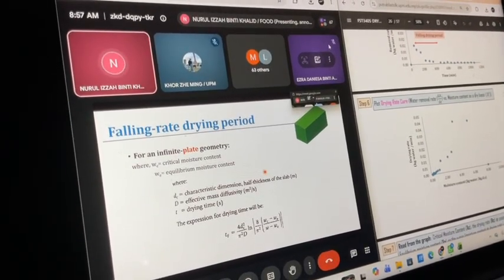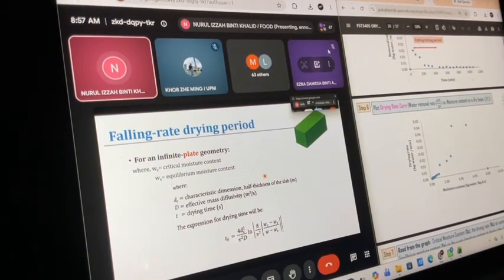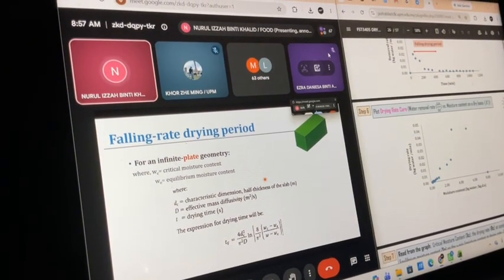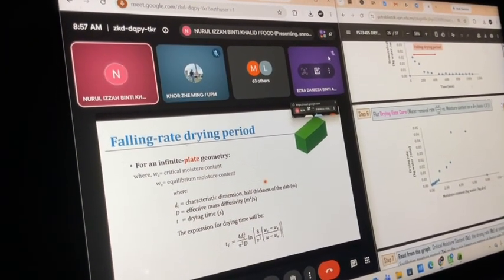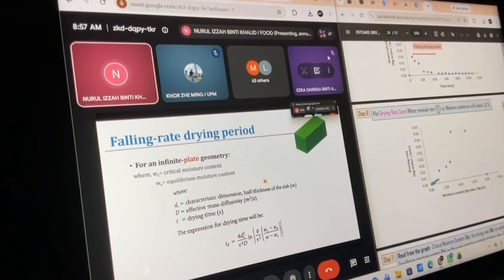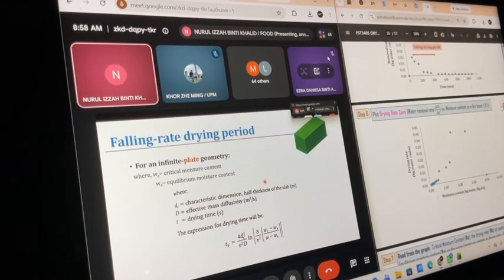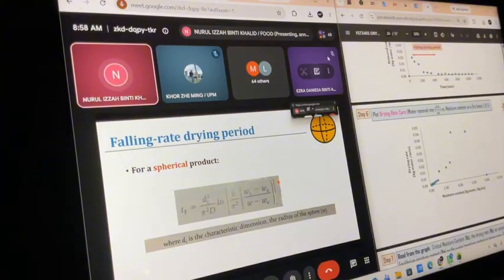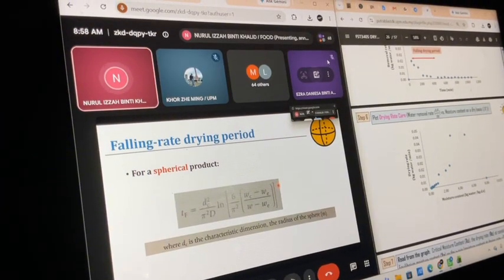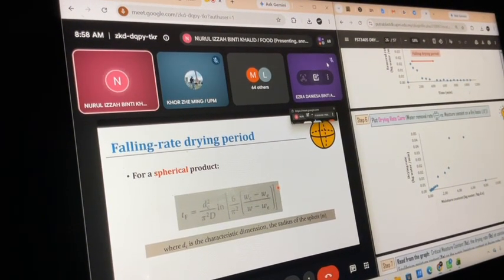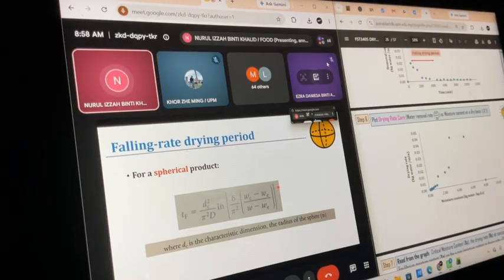That's why shape also makes a difference in the calculation of the constant rate and falling rate drying periods. This one is for cylinder and this one is for spherical. So definitely the product will affect how your drying happens.